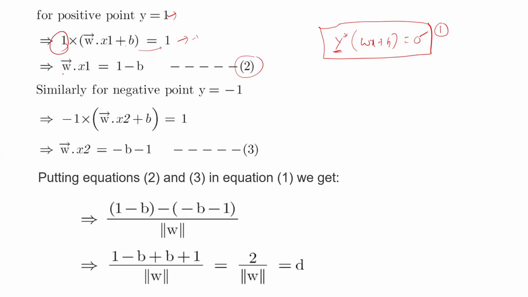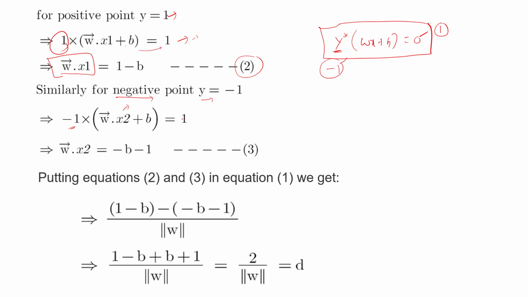Now I got the w x1 here. So what about the w x2? You need to find that one also, right? That's the reason I will take the negative side. That's the reason y is negative, minus 1. So I'm replacing this with minus 1. That's the reason minus 1 times (wx2 plus b), because this is the data point on the negative side.